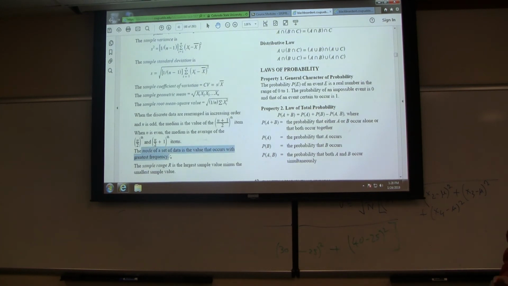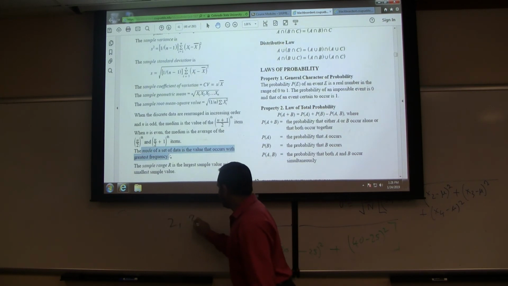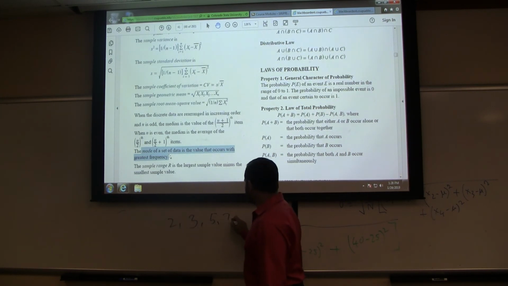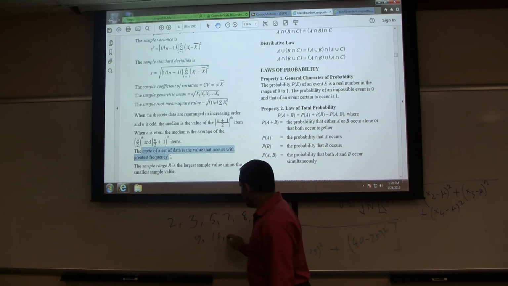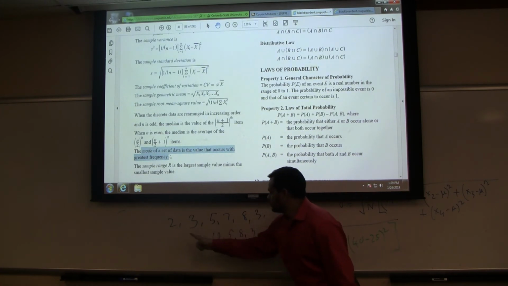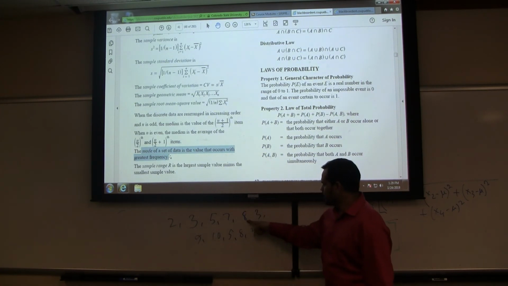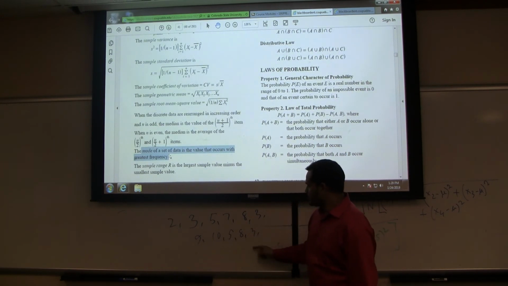Mode means the data that occurs very frequently, or occurs the most. Say I have some data: 2, 3, 5, 7, 8, 3, 9, 10, 5, 8.